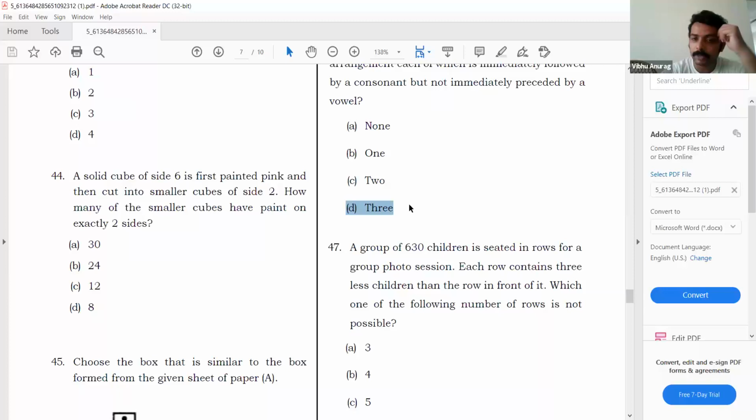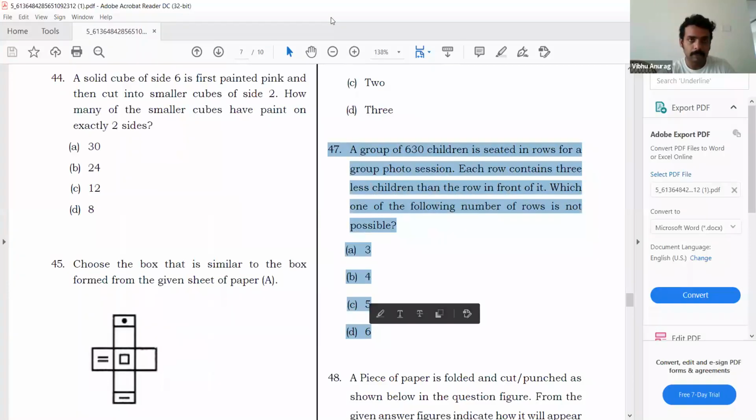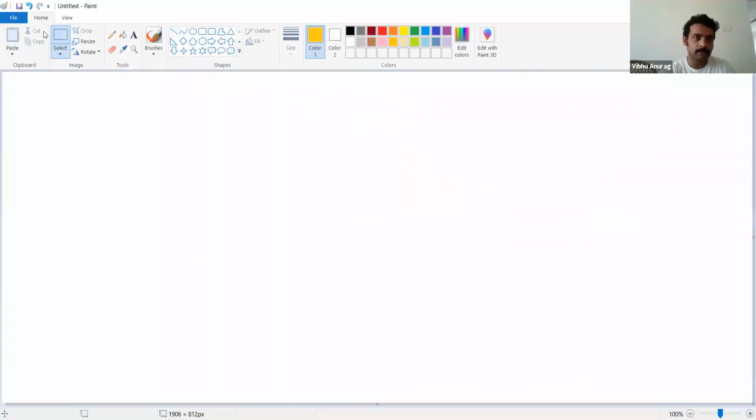47, you just have to solve it mathematically. I'll explain it. Let's go to the board. It's best solved in this way.